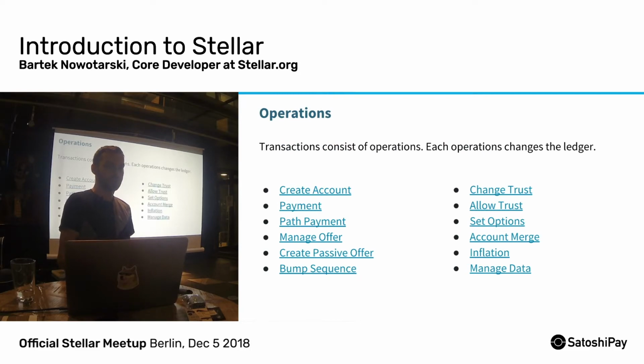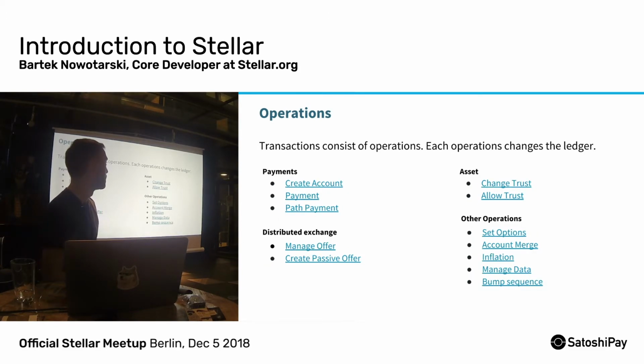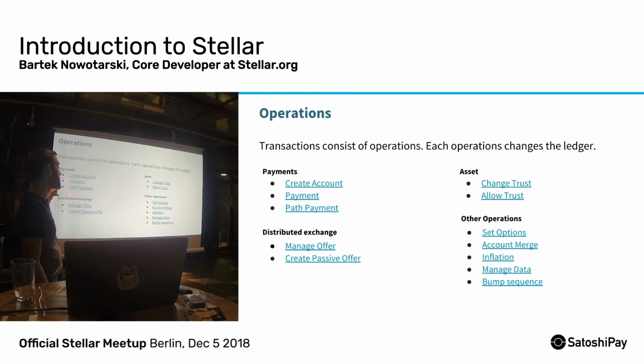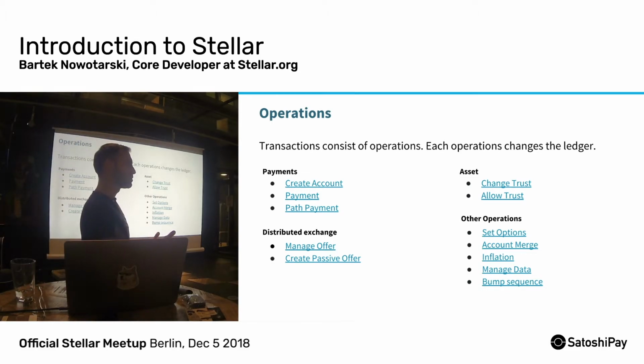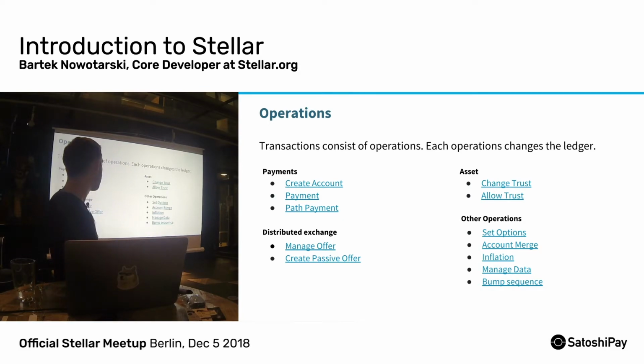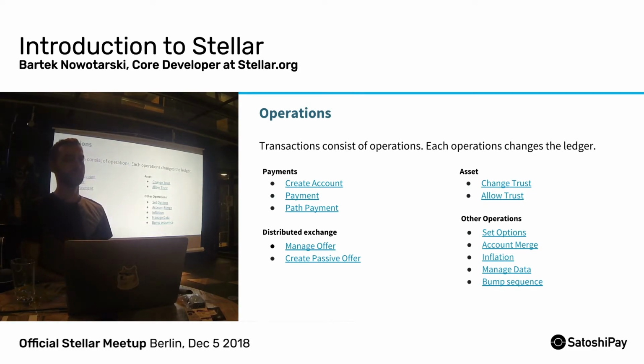When it comes to operations, currently there are 12, and we can group them into 4 categories. Payment operations are connected with payments and account creation. Distributed exchange operations allow you to create, modify, and delete your offers in the distributed exchange.